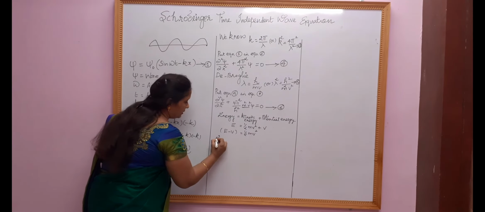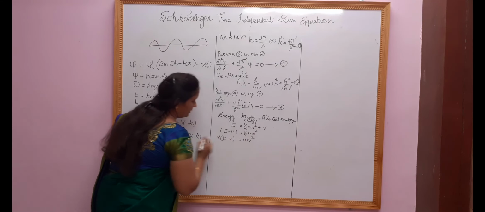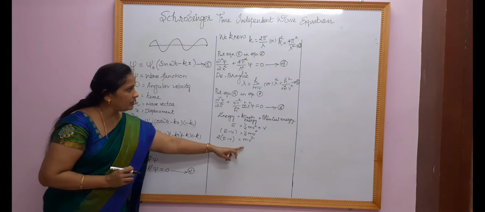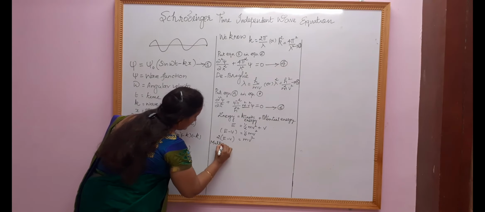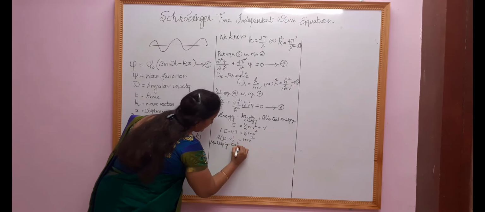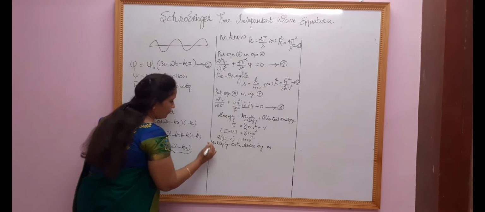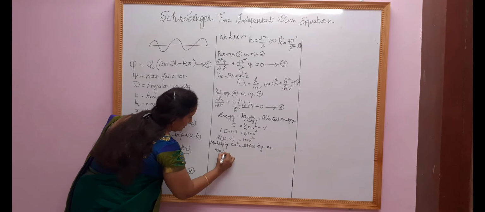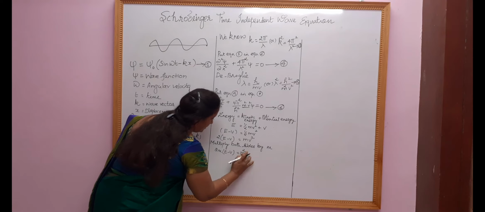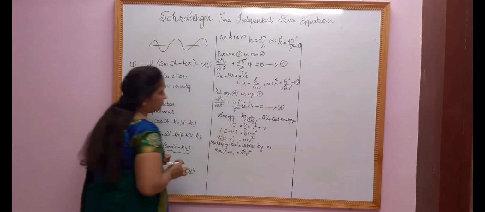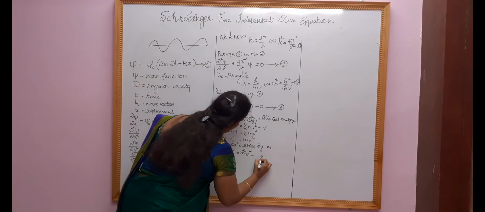So bring 2 here, it is 2 into E minus V is equal to mv square. Multiply both sides by m. Therefore, 2m(E minus V) is equal to m square v square. So this is your equation number 7.